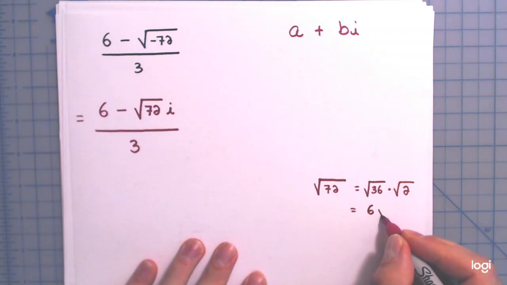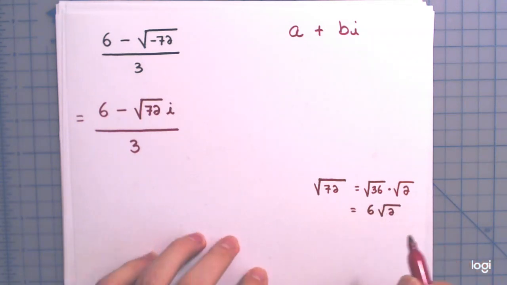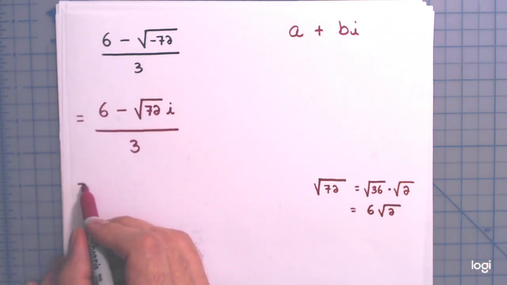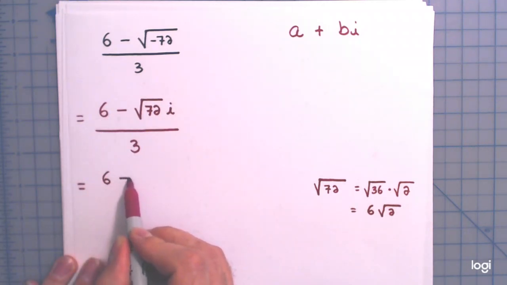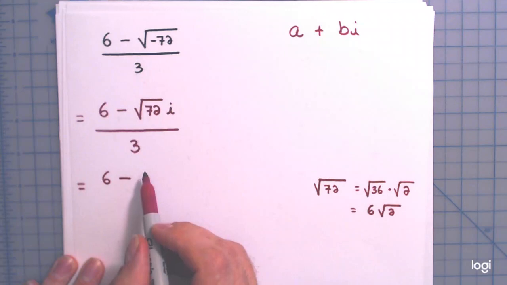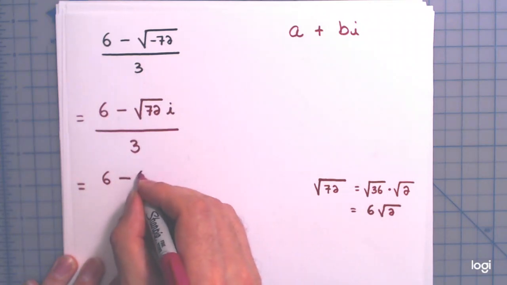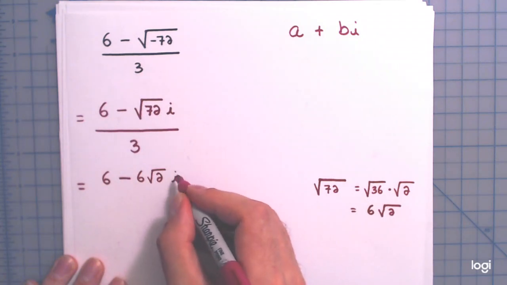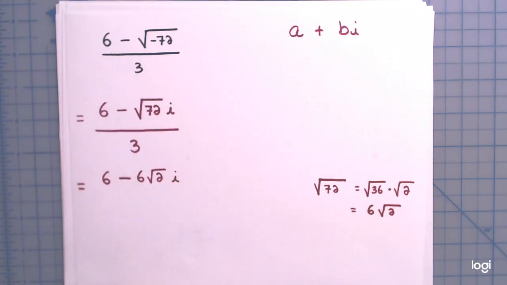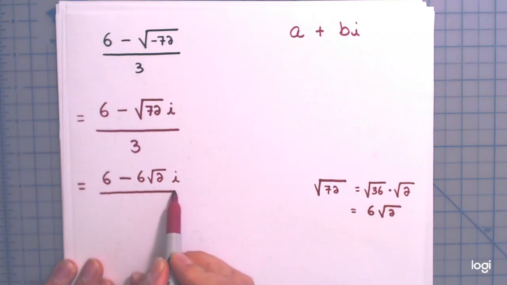So 6 times the square root of 2. Let me rewrite that radical that way in the next line. So we have in the numerator 6 minus, and then the square root of 72, as mentioned, is 6 times the square root of 2, and then times I afterwards. And all this is being divided by 3.